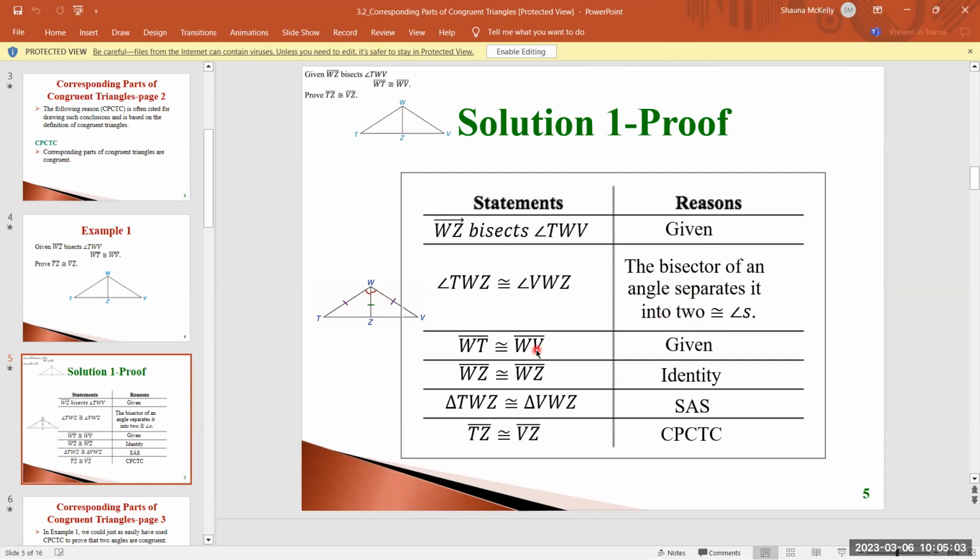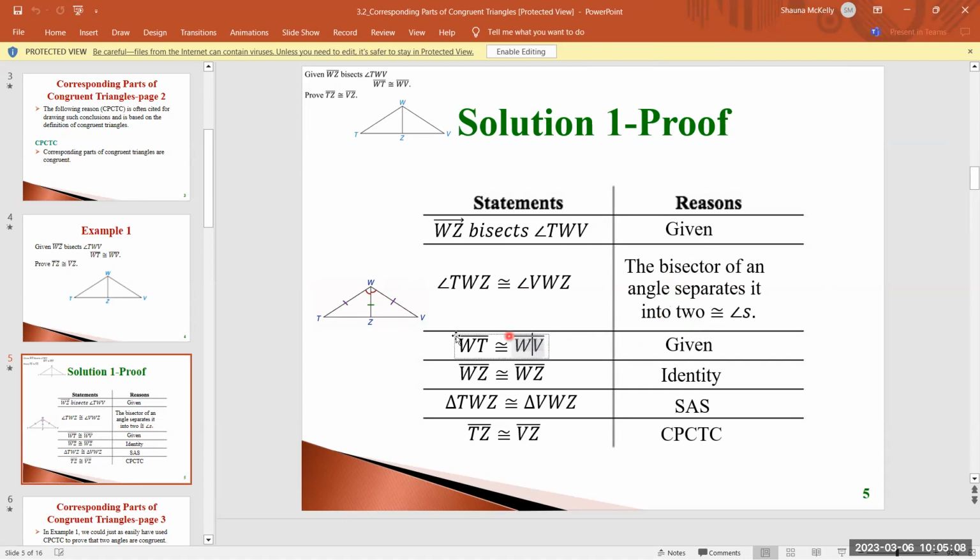WT is congruent to WV, that's given. So now you have the side here and the side here. Now you want to show that this side at the bottom, TZ, is congruent to VZ, but before we can do that, we need to show that the triangle on the left here is congruent to the triangle on the right here.